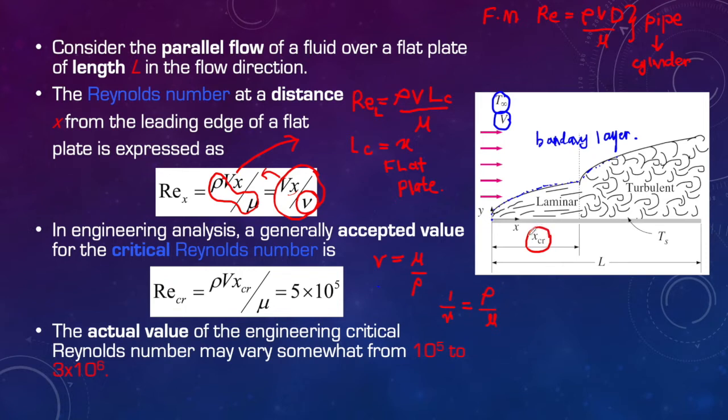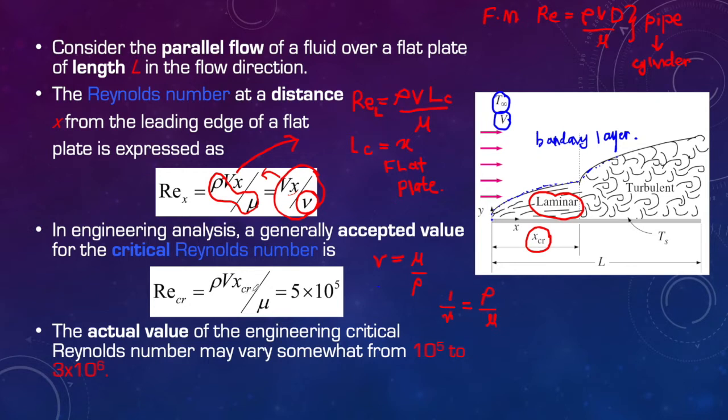Normally, up to this critical length is laminar flow. To determine the critical length, we have to plug the value of the critical Reynolds number into the Reynolds number equation, but you have to change the notation of X into X critical.